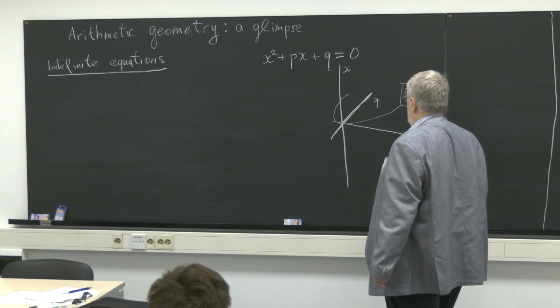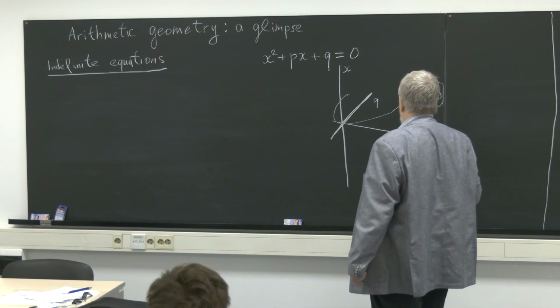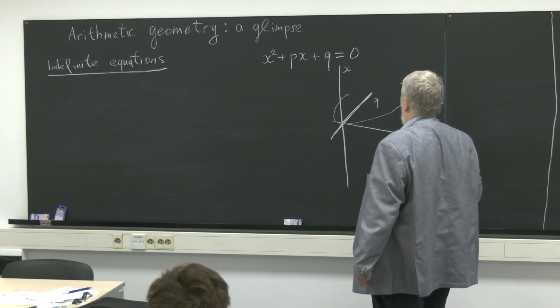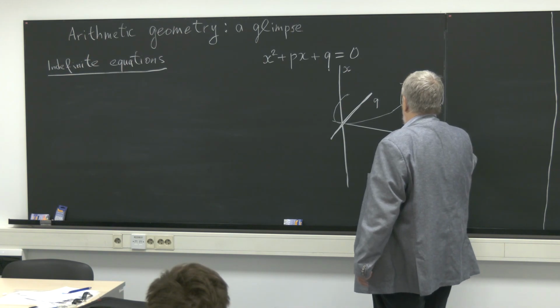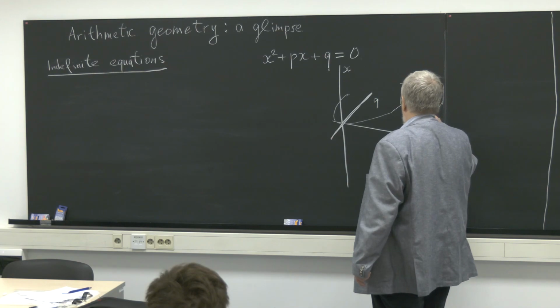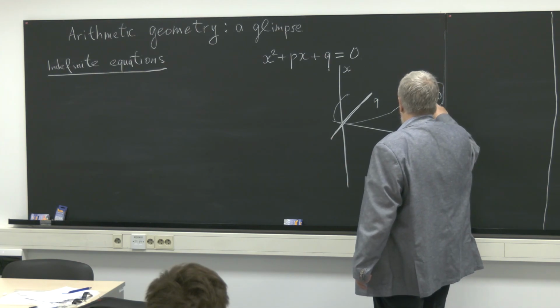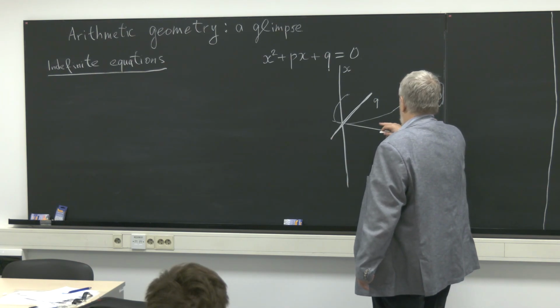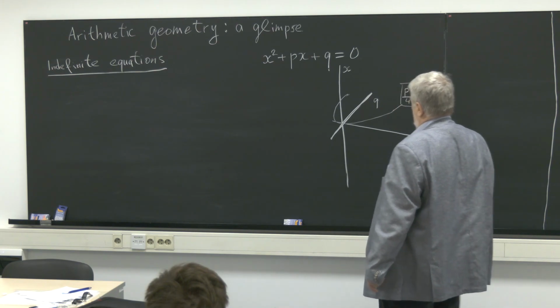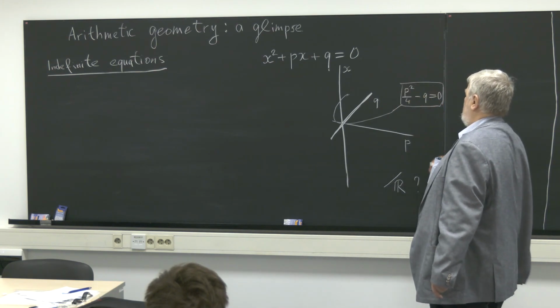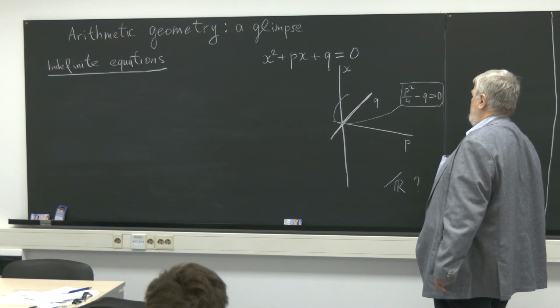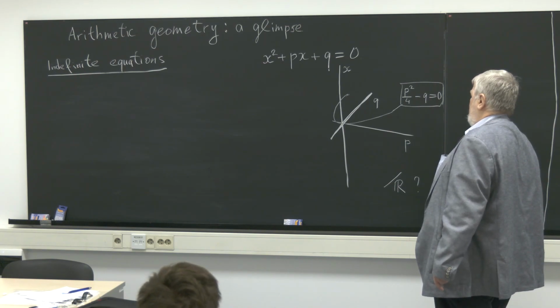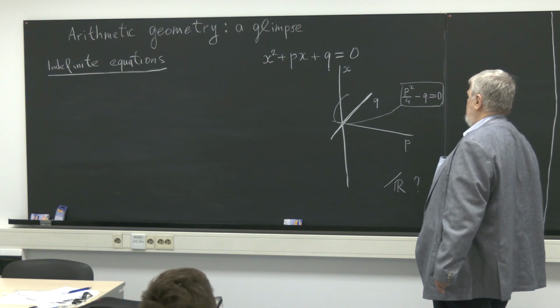So the x exists whenever q is at most p squared over 4, so it is like this.